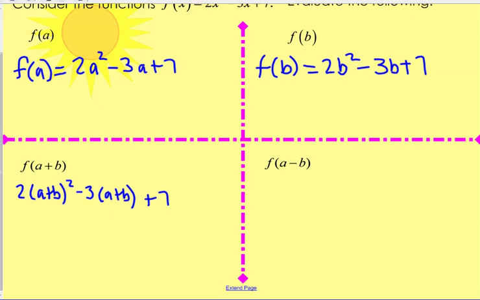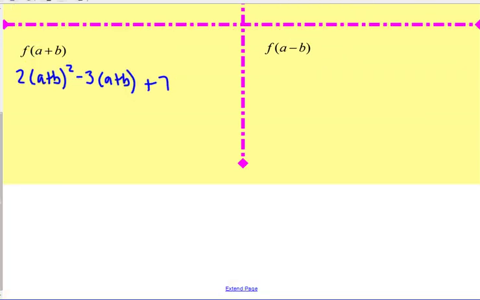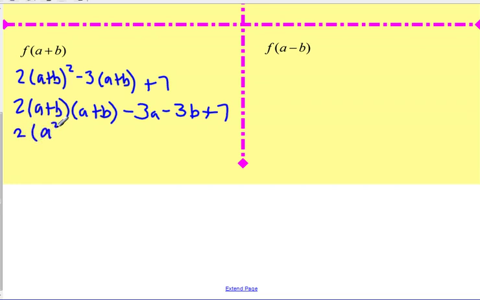So here we're going to have to distribute and FOIL. Remember, we can write 2(a plus b) squared as 2 times (a plus b)(a plus b), right? That's really what's happening there. And then we're going to distribute that negative 3 to both the a and the b. So we're going to have 2 times a squared plus 2ab plus b squared minus 3a minus 3b plus 7.